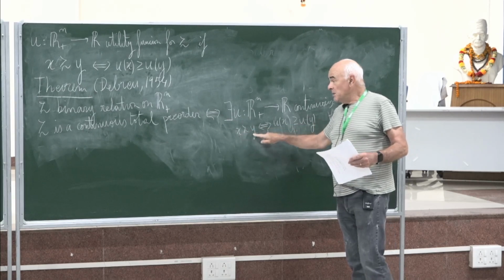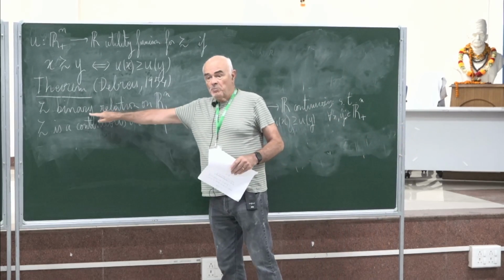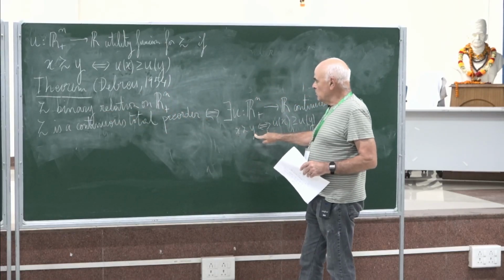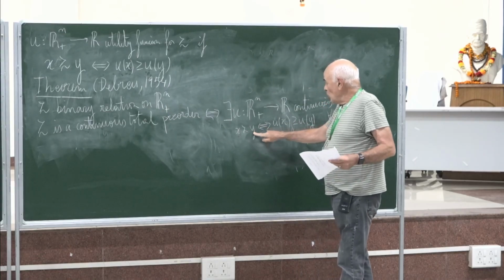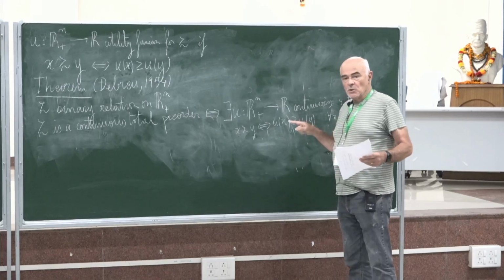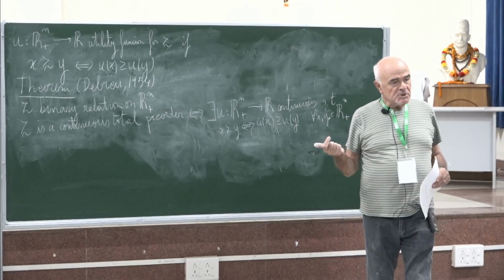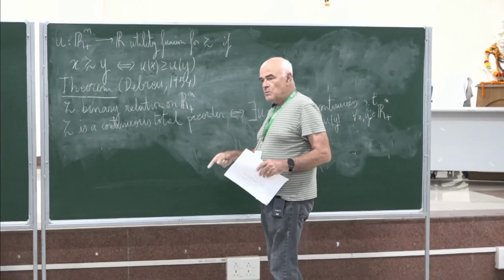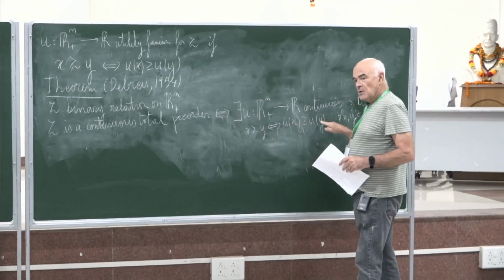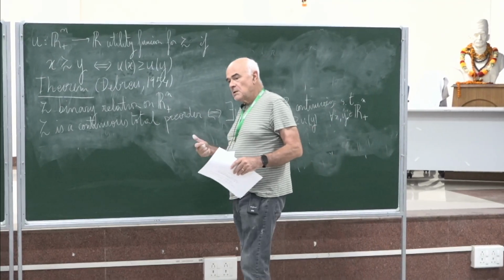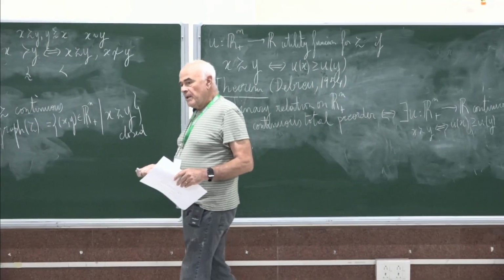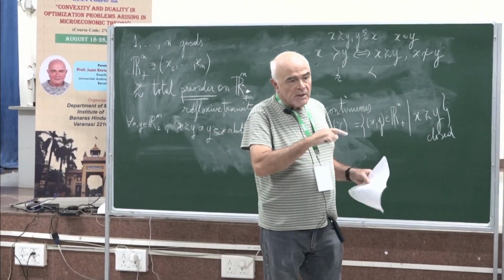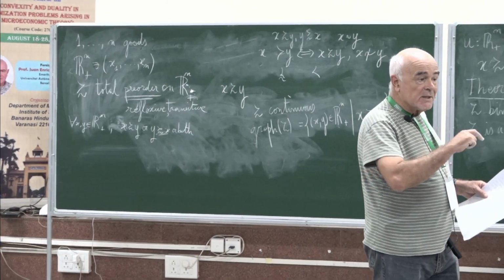If x is related to y, I cannot say preferred because for the moment I have a binary relation. x is related to x because U of x is greater than or equal to U of x, so it's reflexive. If x is related to y and y is related to z, then U of x is greater than or equal to U of y, while U of y is greater than or equal to U of z. And by transitivity of the ordering in the reals, U of x is greater than or equal to U of z, so x is related to z.